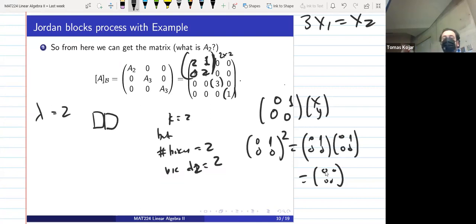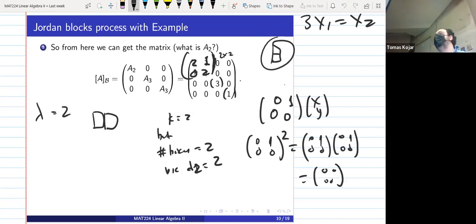There's 2 boxes, because it could have been this way. How could you get this? Yes, exactly.